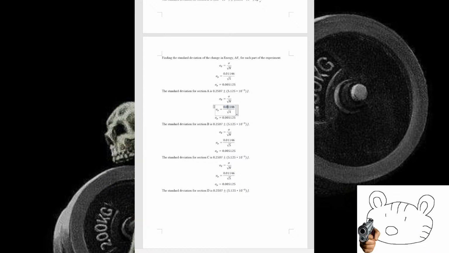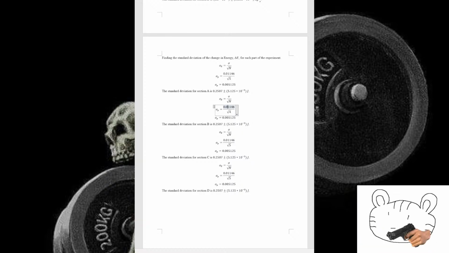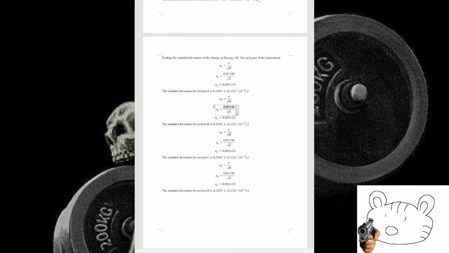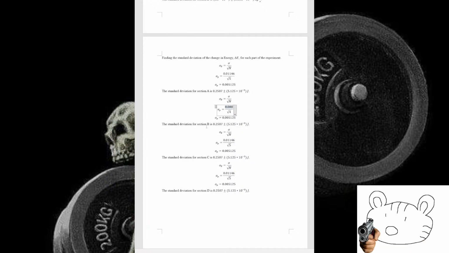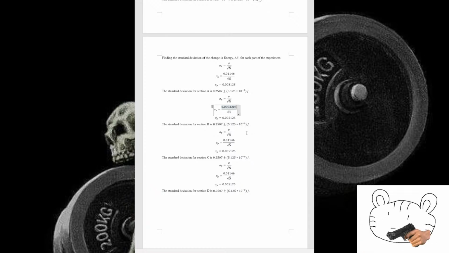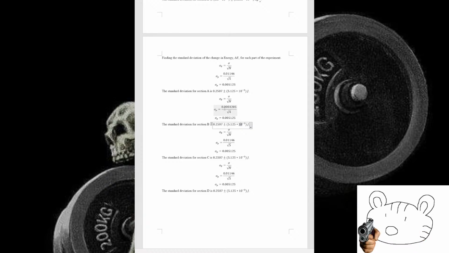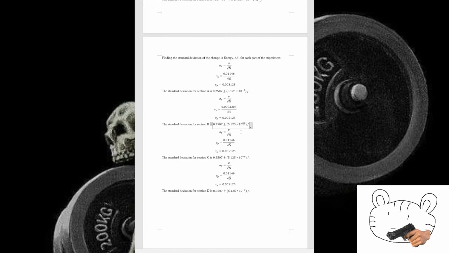Divided by the square root of 4. Which comes out to 3205. So that's 10 to the power of 1, 2, 3, 4, 4. So 3. Sheesh.